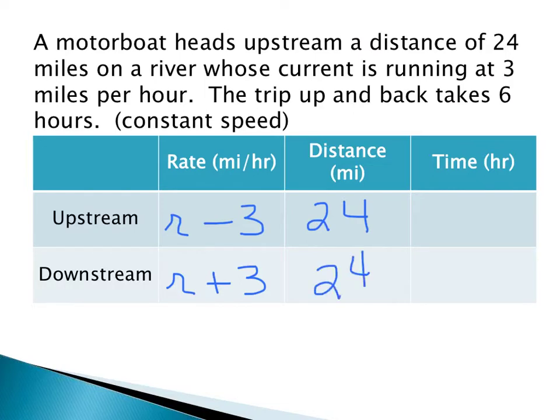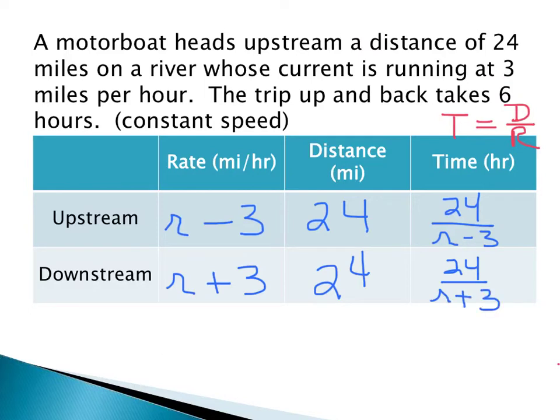And the time, what we're going to do is take distance equals rate times time, and time equals distance divided by rate. So we take the distance, 24, divided by the rate, r minus 3. Yes, that's an r. And for the downstream, it's 24 divided by r plus 3.